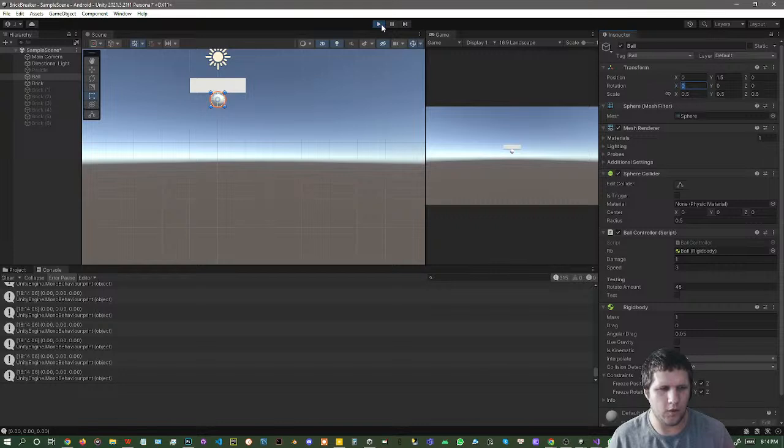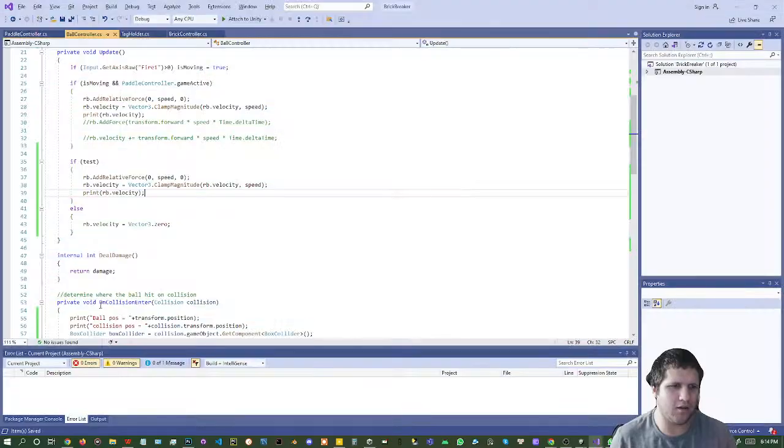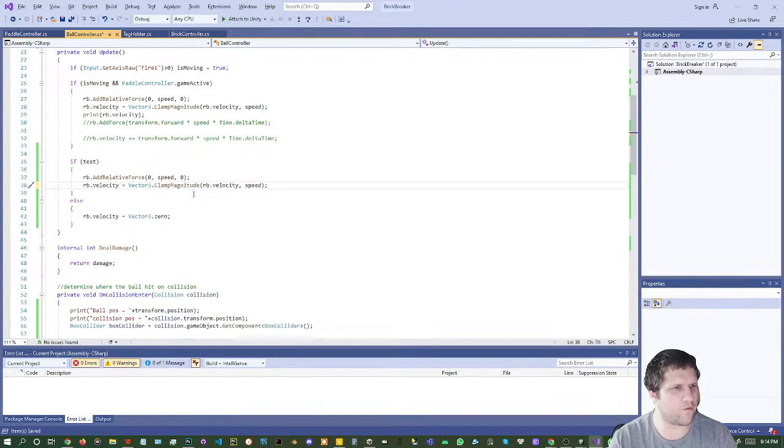We need to apply the y. So let's apply the y first. And what is this? Why am I printing the velocity? Because I just copied the whole thing lazily. Okay.